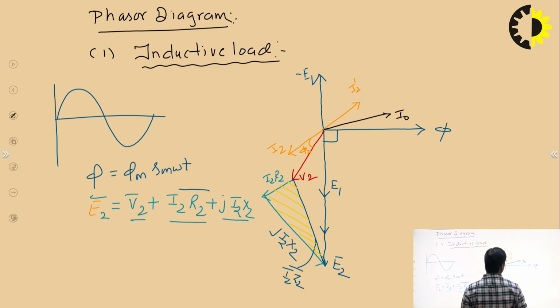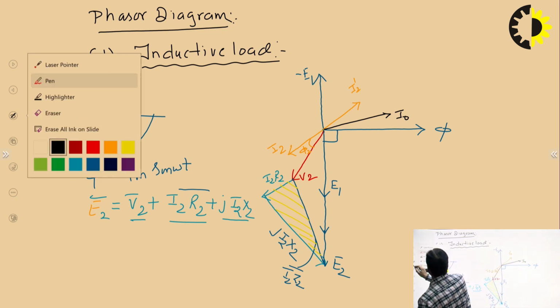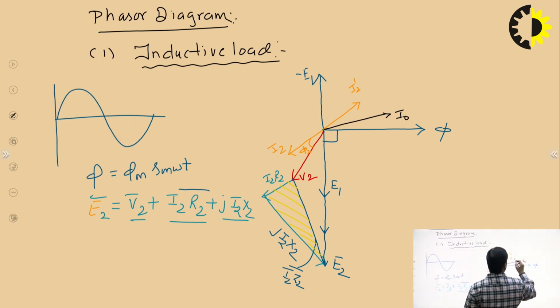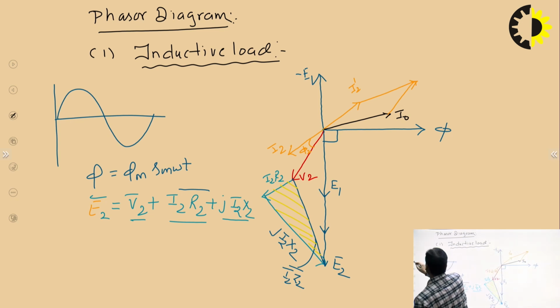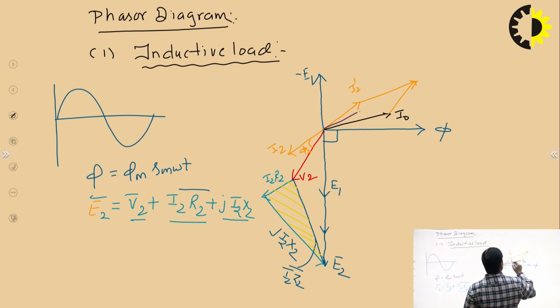So it can be drawn like I1, I0. So this is the primary current I1, the phasor sum of I0 and I2 dash.